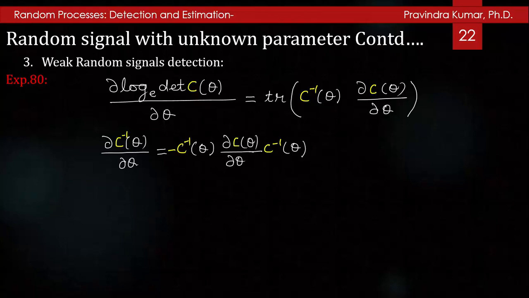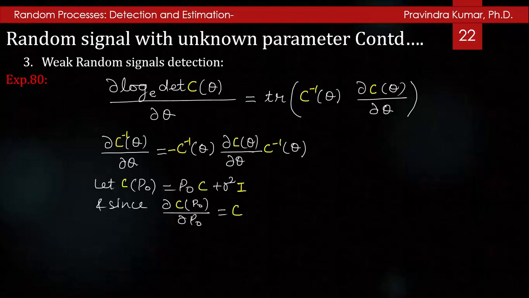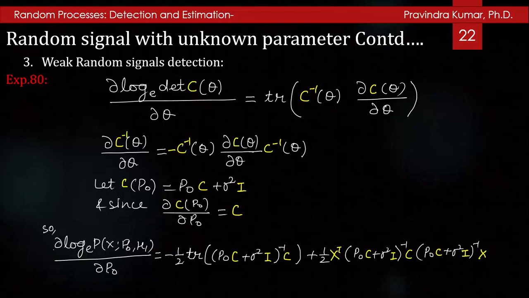And del C inverse(theta) by del theta is equal to minus C inverse(theta) del C(theta) by del theta C inverse(theta). Let C(P0) be equal to P0 C plus sigma square I, since del C(P0) by del P0 is equal to C. So del log e p(x; P0, H1) by del P0 is minus 1 by 2 trace of the square matrix inverse of P0 C plus sigma square I into C, plus 1 by 2 x transpose inverse of the matrix P0 C plus sigma square I into C and inverse of the matrix P0 C plus sigma square I into x.